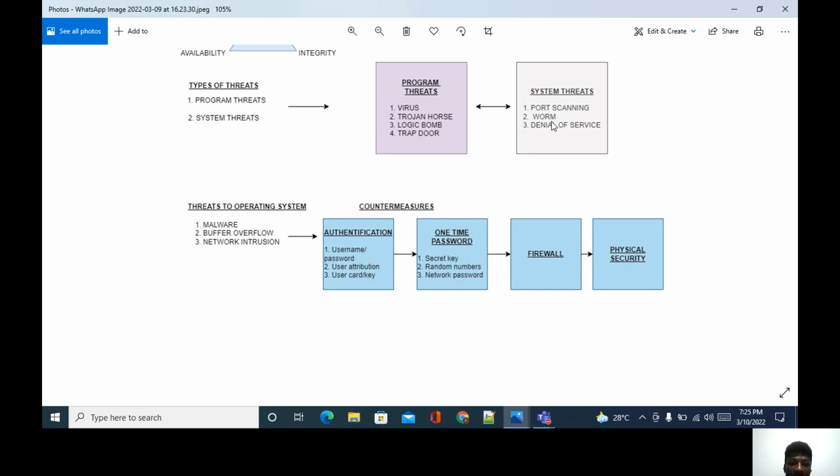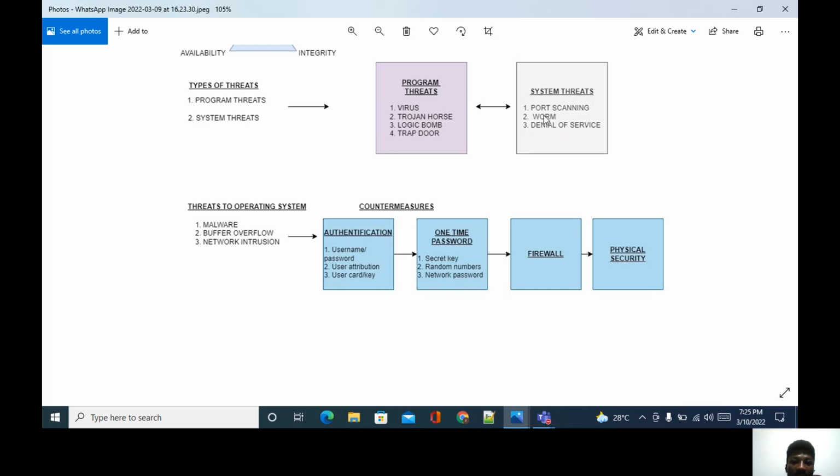Then the last one is network intrusion. As the name suggests, to intrude means to go where you are not permitted to. So network intrusion means that people are accessing what they don't have the permission to access.